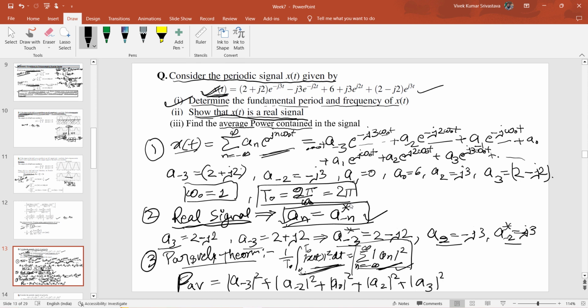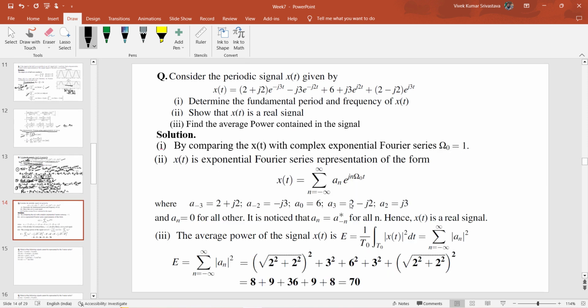You can take the magnitudes and easily determine the average power contained in the signal. I have already evaluated this average power for you, and you will get the average power contained in this signal as 70 watt.